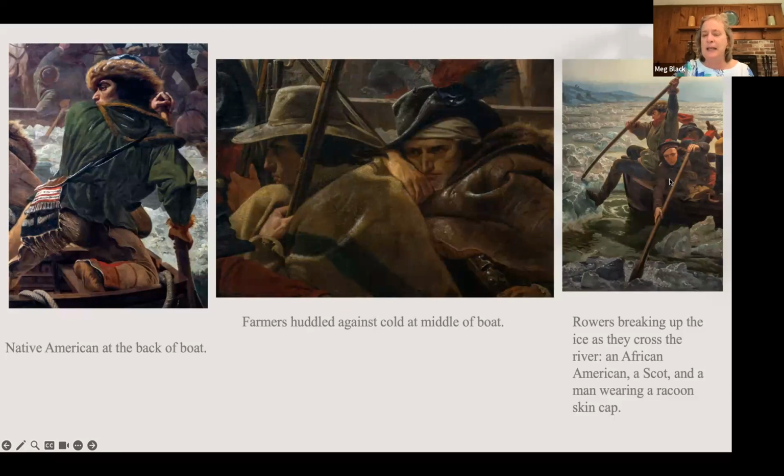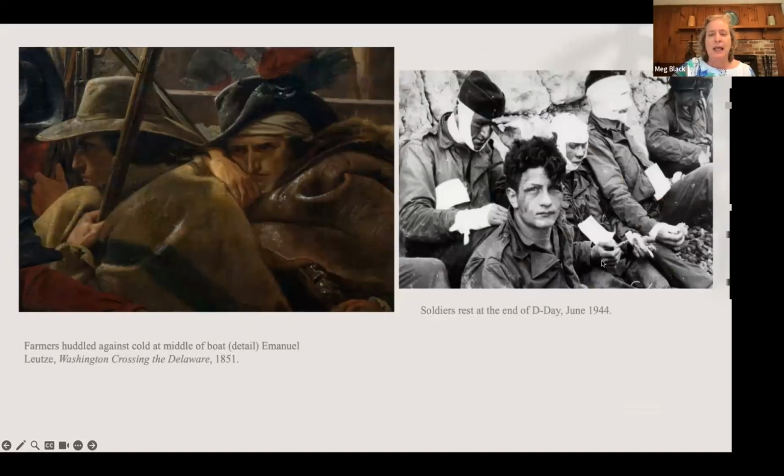And then here in the front of the boat, we have an African-American, and we have a Scotsman with his Scottish cap, and we have a man wearing the raccoon skin cap. So again, we have people from different parts of what will be the country in the front of the boat. And we see a similar image on D-Day.